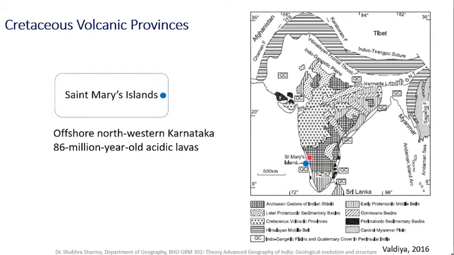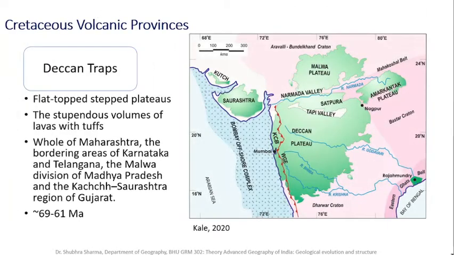St. Mary Islands, located offshore northwestern Karnataka, represent the next phase of volcanism, which is about 86 million years old, and they are the result of acidic lava flows. And the youngest one is the Deccan traps.